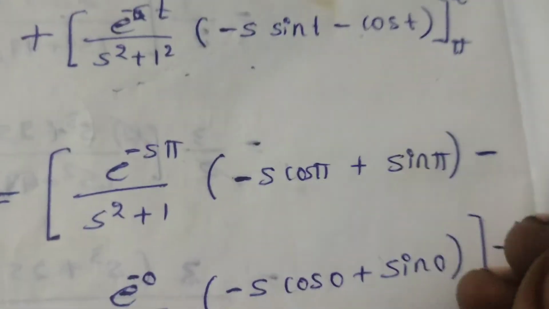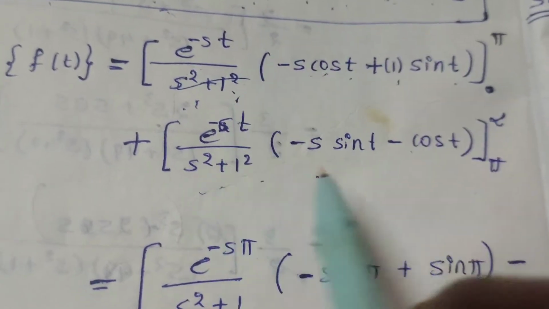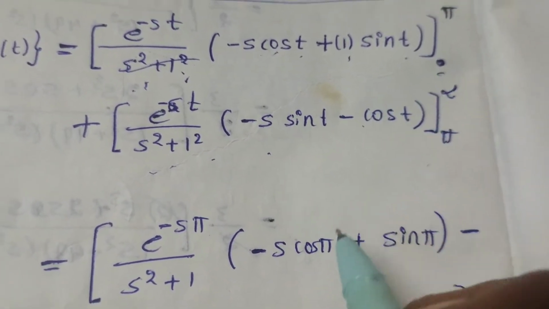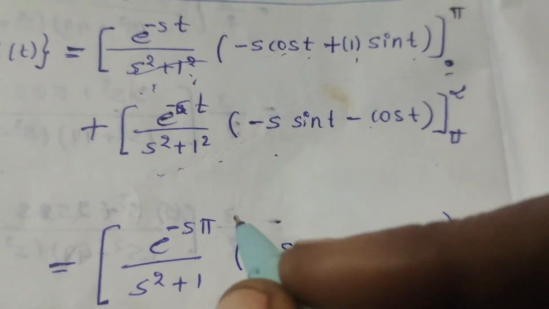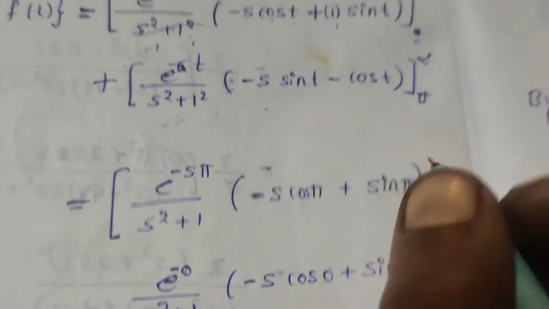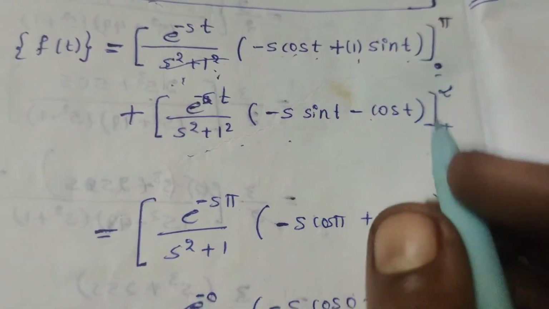Next, after integration, substitute the limits. First substitute the upper limit in place of t, then the lower limit 0.